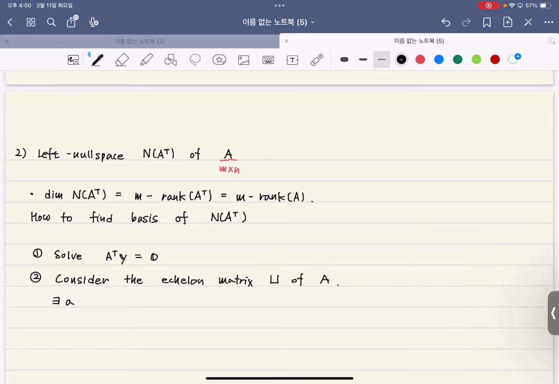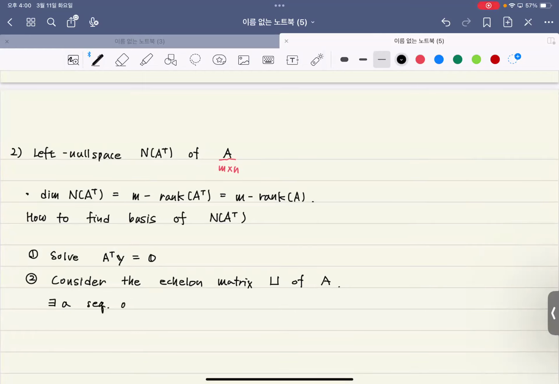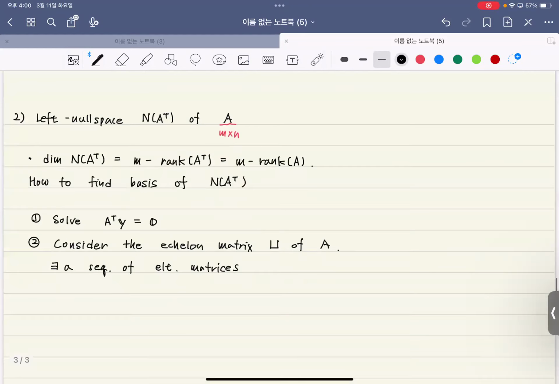To do that, you have a sequence of elementary matrices such that E_k, up to E_1, times A is U. Now you have this many elementary matrices, and each of these elementary matrices is square and lower triangular.